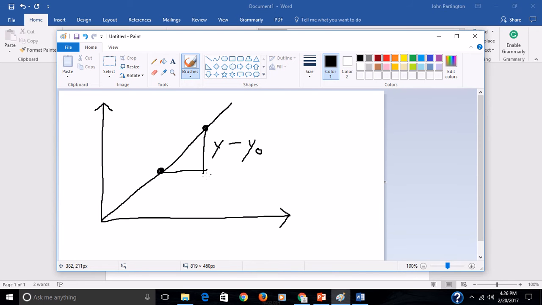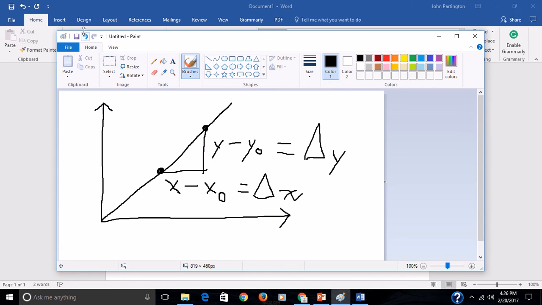So we would subtract these, or we would also notate this sometimes as delta y, which might be a little more familiar. Down here you're going to have x minus x naught, the x value here minus the x value here, or, as you would probably be familiar with, delta x.